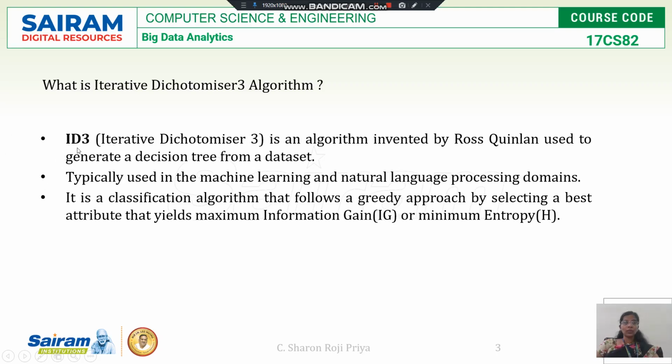The full form of ID3 is Iterative Dichotomiser 3 algorithm, which was invented by Ross Quinlan, and it is used to generate a decision tree from a data set. It is used in machine learning and natural language processing domains, and it follows the greedy approach by selecting the attributes that yield the maximum information gain or minimum entropy.